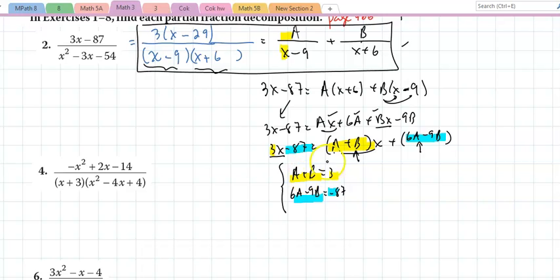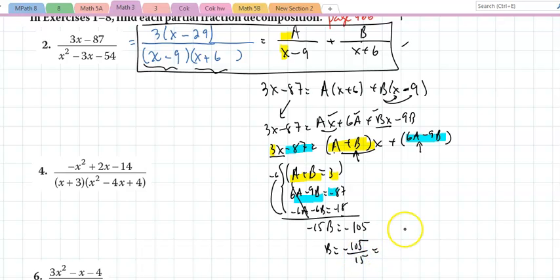You could multiply the top equation by a negative 6, say. That becomes negative 6a minus 6b equals negative 18. You could add those, and that's negative 15b equals negative 105, and b will equal negative 105 divided by 15.